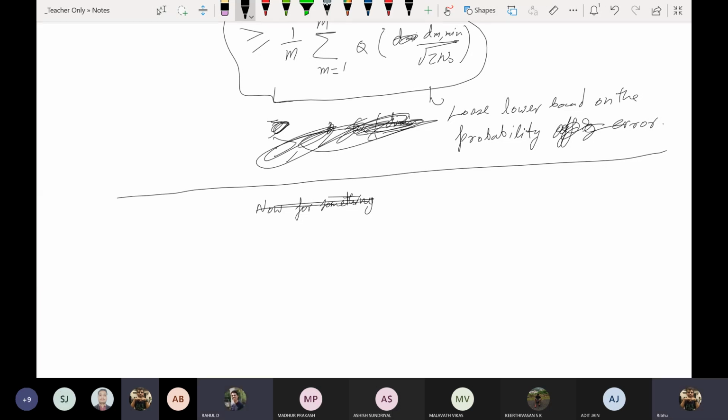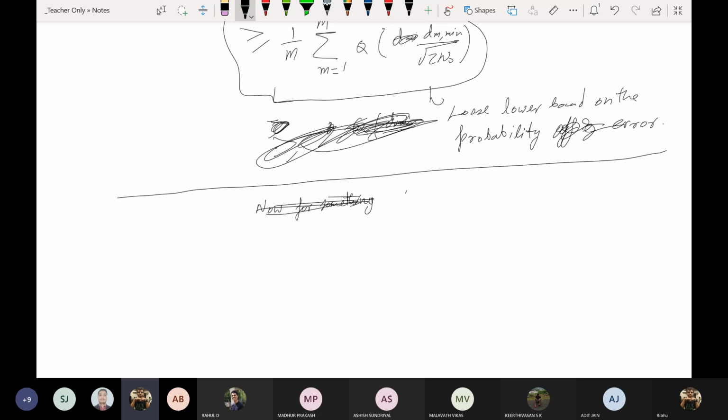The matched filter is important, but it doesn't fit into the flow of this story. So, let's not do that now. Let's talk about the matched filter when we finish this discussion on error rates.